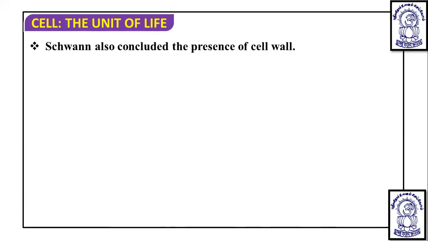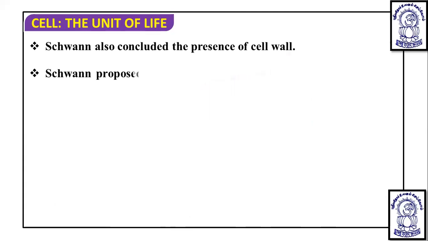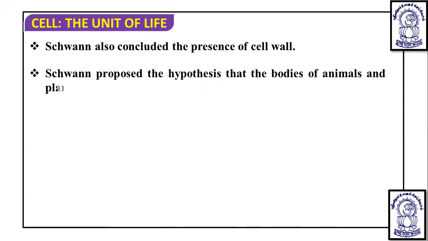Schwann also concluded that the presence of a cell wall is a unique characteristic of plant cells, because later on he also studied different plants and concluded that the cell wall is the outermost covering in the plant cell. So Schwann proposed the hypothesis that the bodies of animals and plants are composed of cells and products of cells. What did they hypothesize?